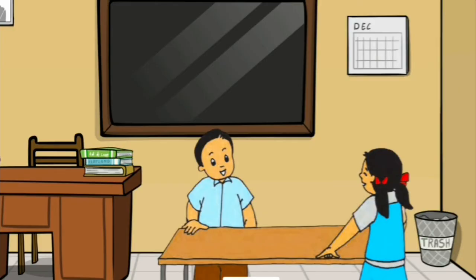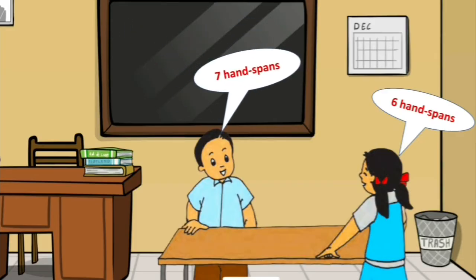Meena finds the length of the table as 6 units, meaning 6 hand spans. And Rahul finds the length of the table as 7 units, meaning 7 hand spans. These are two different lengths of the same table. So, hand spans, foot spans and forearm are not standard units of measurement.